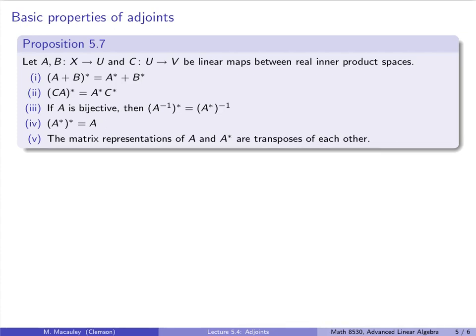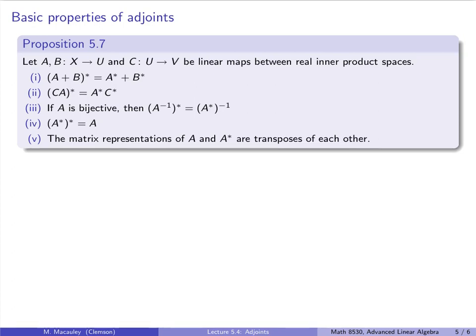So if A and B are linear maps from X to U and C is from U to V, now these are real inner product spaces, then the adjoint of A plus B is the adjoint of A plus the adjoint of B. The adjoint of CA is the adjoint of A times the adjoint of C. If A is bijective, then the adjoint of the inverse is the inverse of the adjoint. The adjoint of the adjoint is the original map itself. And finally, the matrix representations of A and its adjoint are transposes of each other.